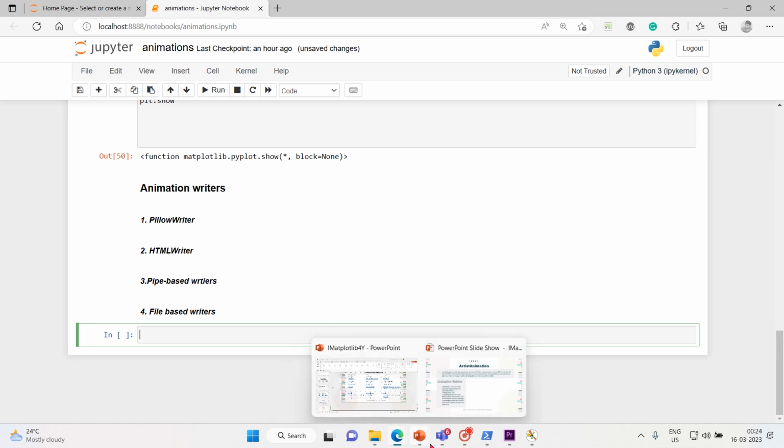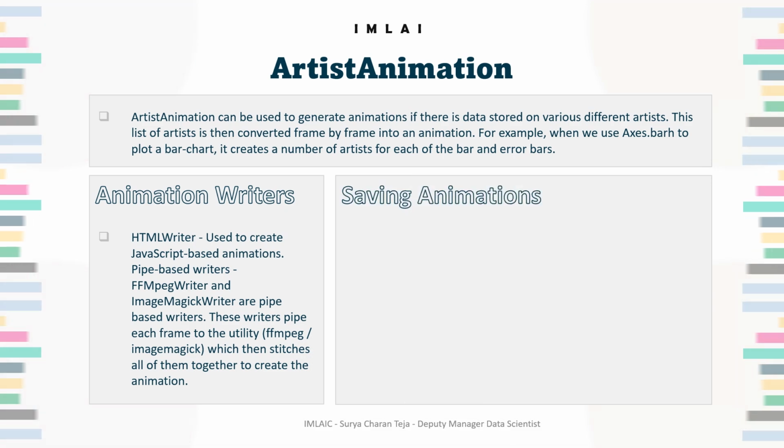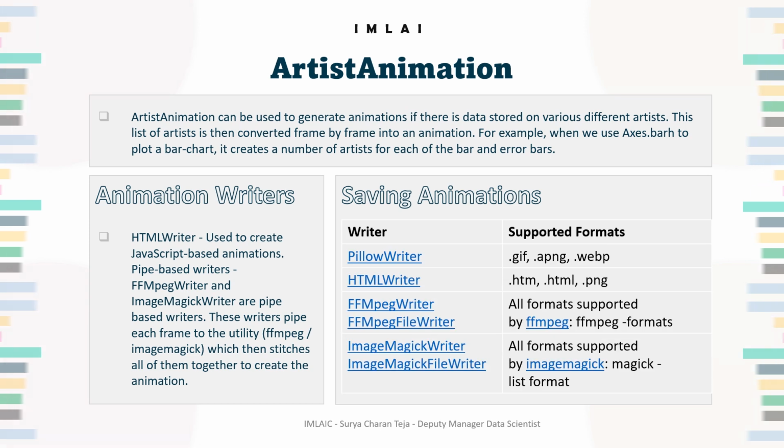Now let's look into saving animations. We have the writers, and on the other side we have the supported formats. If you use a Pillow writer, we can use .gif, .apng, and .webp.